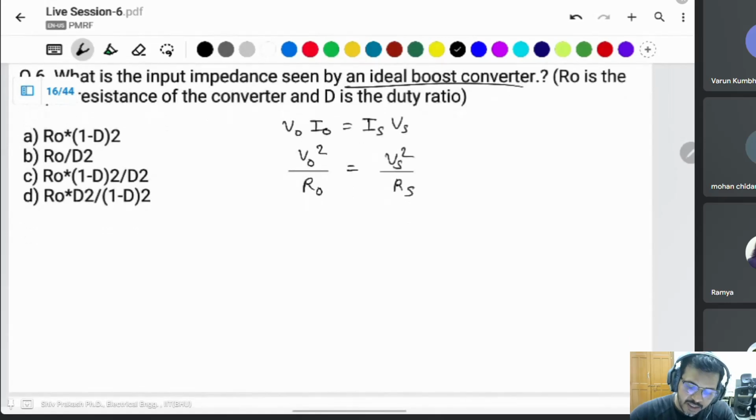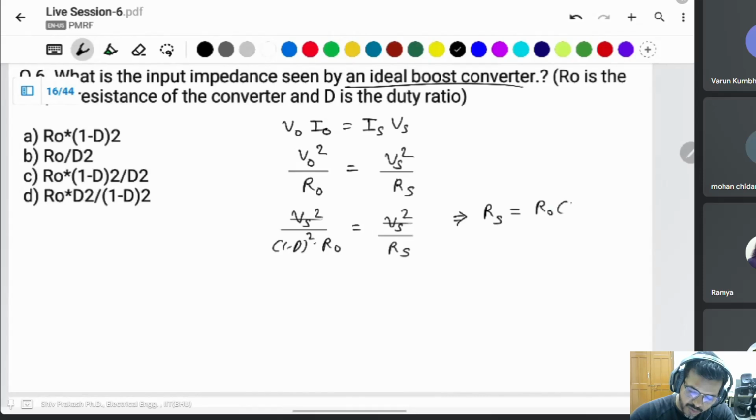Output voltage in the boost converter is Vs divided by 1 minus D. Then there is 1 minus D squared into R naught. Vs will be cancelled out. Then what is the Rs? Source resistance is R naught into 1 minus D squared. I think that is the first question.